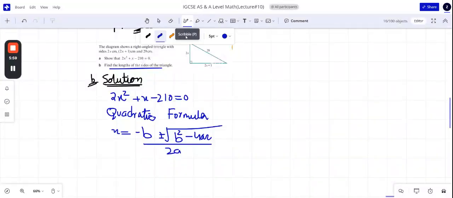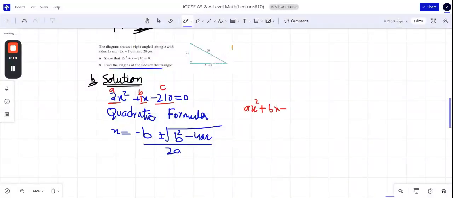What are a, b and c? The coefficient of x squared is a, the coefficient of x is b, and if there is no coefficient it means it is 1. The constant value is c, because the general form of the quadratic equation is ax squared plus bx plus c equals 0.